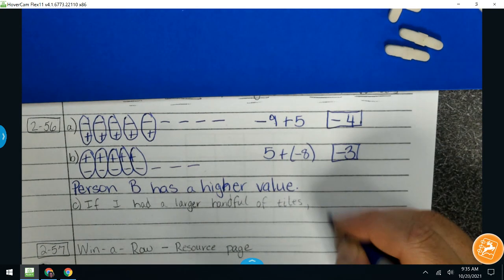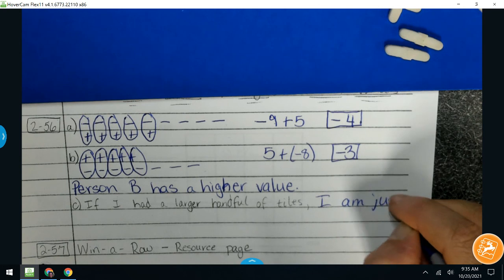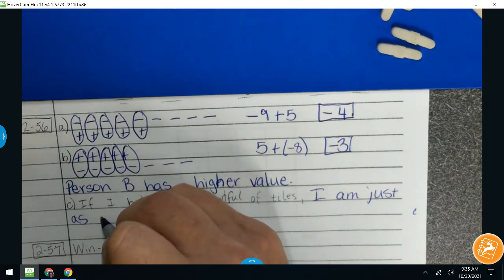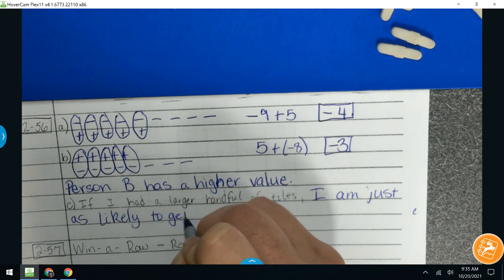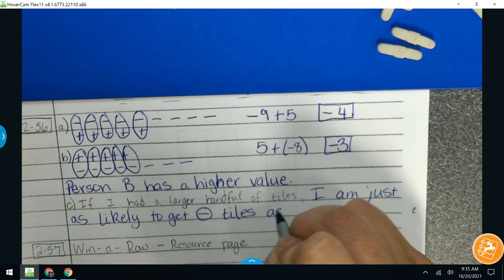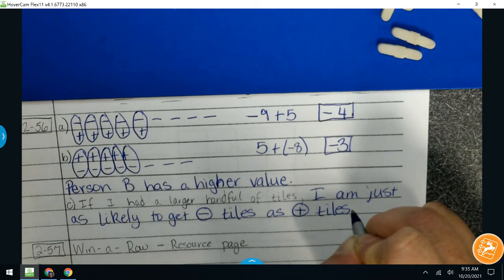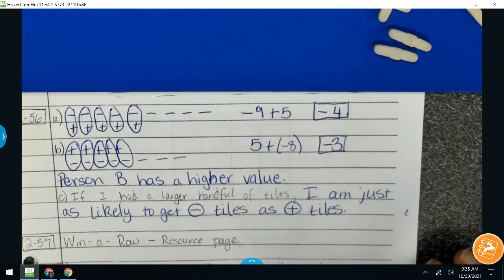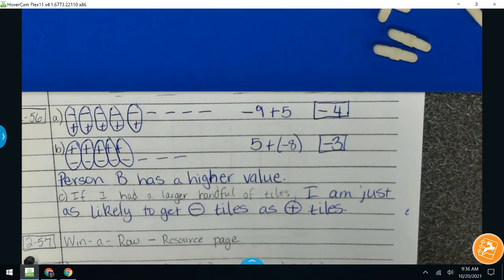So if I had a larger handful of tiles, I am just as likely to get those negative tiles as positive ones. And really, it's the number of which tiles you get that determines your total value. And as you can see, most of our tiles actually ended up as 0 pairs. And so that's really interesting to see too, because that doesn't always happen either.